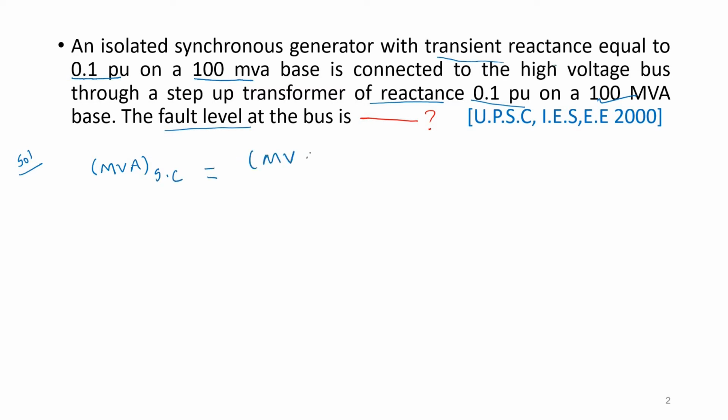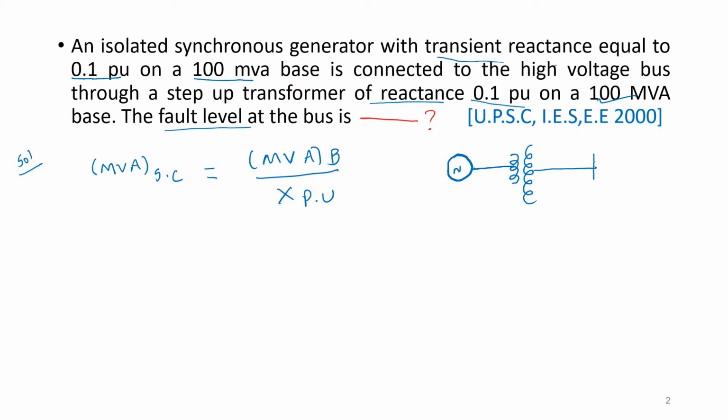We know it is MVA base divided by X per unit reactance, because they have given only the reactance value. If it is in terms of impedance, this X will be replaced by Z. Now let us draw the single line diagram. The generator is connected to the high voltage bus through the step-up transformer.